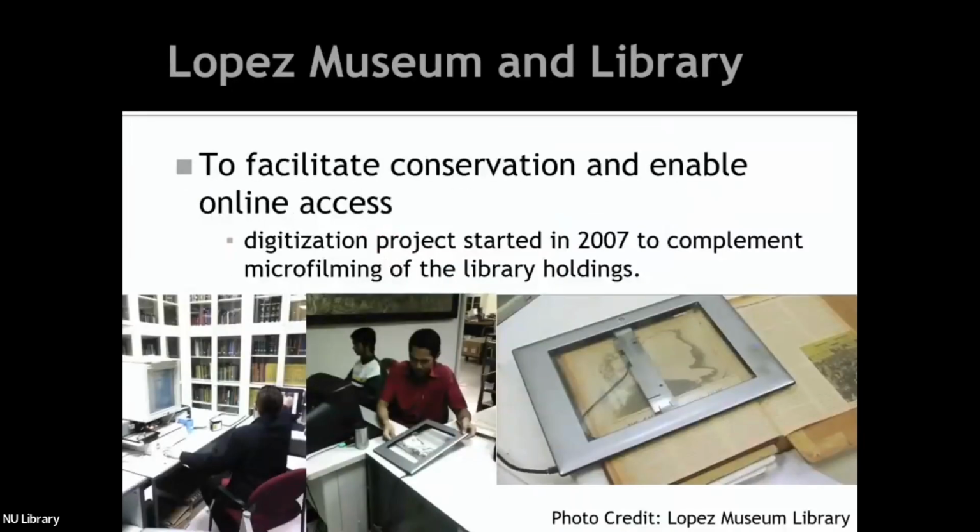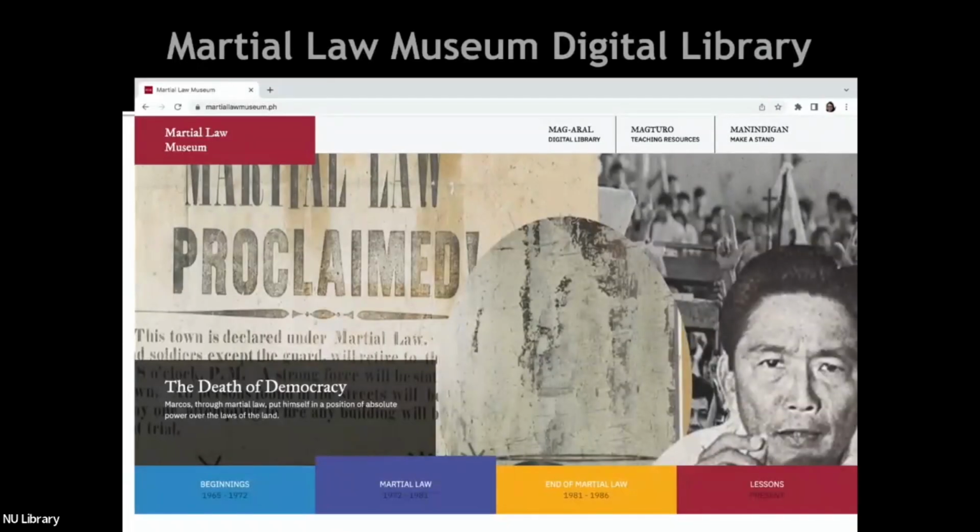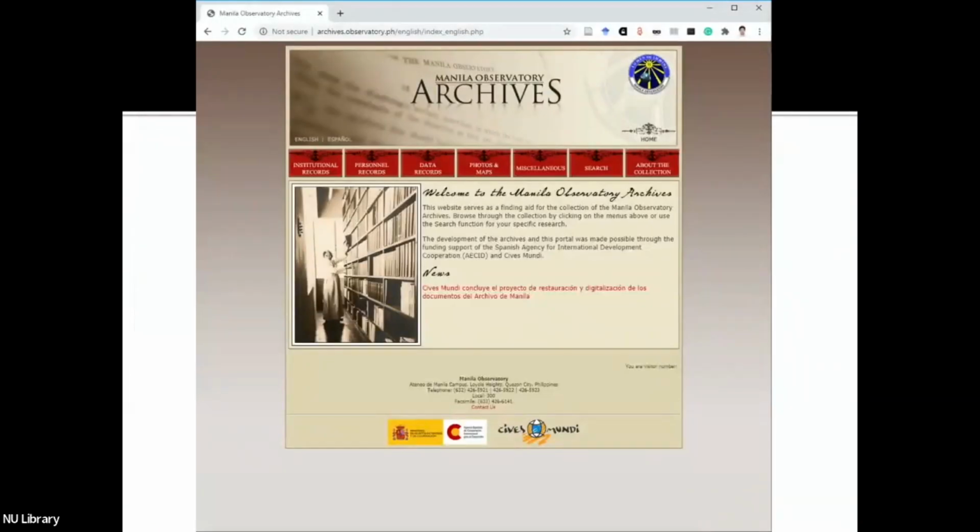The Lopez Museum was instrumental in digitizing rare Filipiniana books. The ABS-CBN film archives also tried to master and preserve the movies from the tapes. There's also a Martial Law Museum digital library, and the Manila Observatory archives that include climate-related collections from the Spanish era.